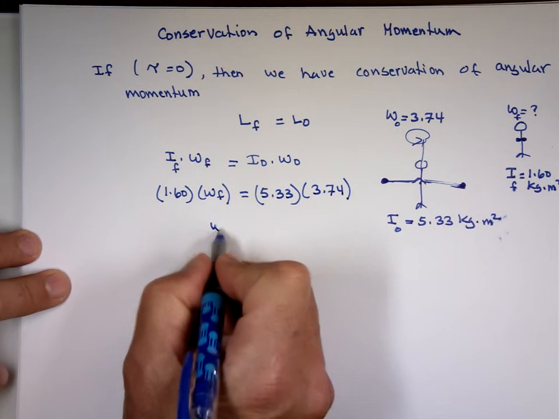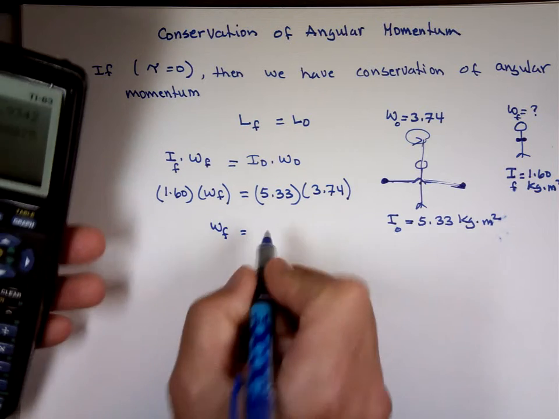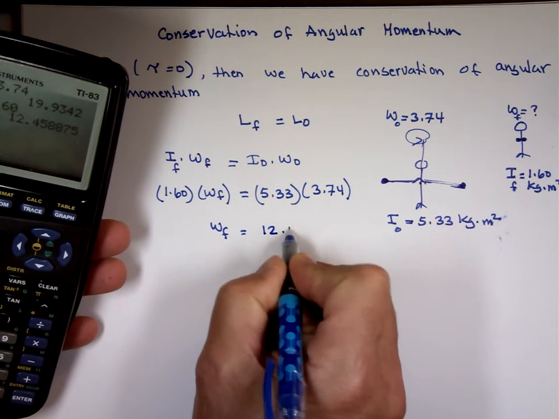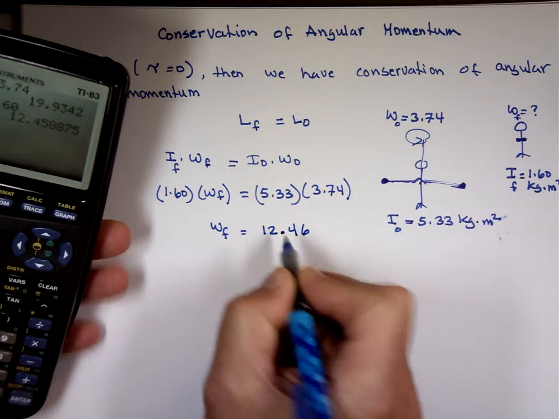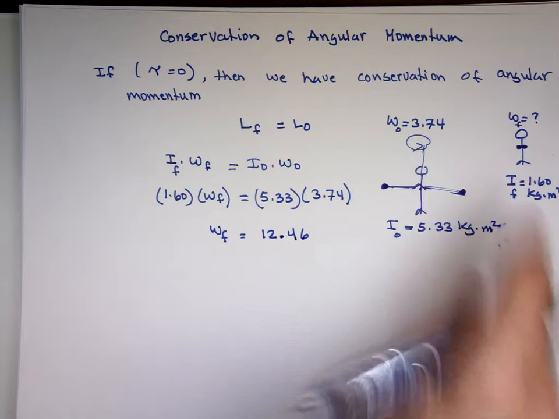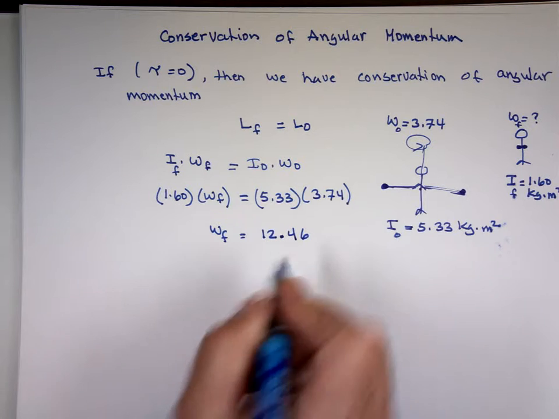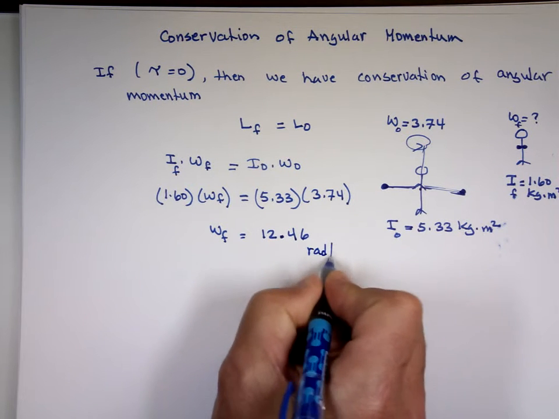The only unknown there is W final, the final angular speed, which is 5.33 times 3.74 divided by 1.60, which gives 12.46. You're spinning a lot faster now. Much, much faster. The unit for that is rad per second. That's W.